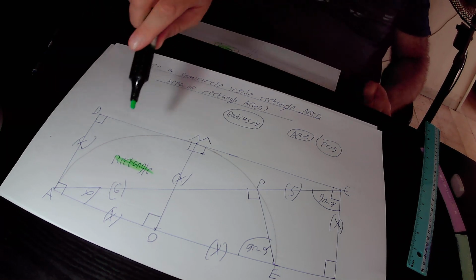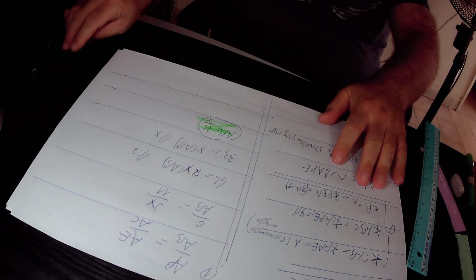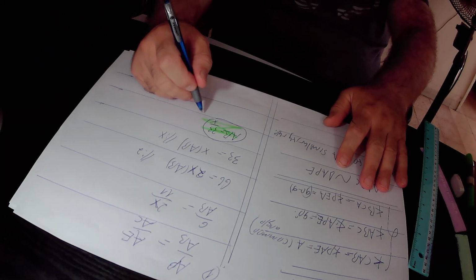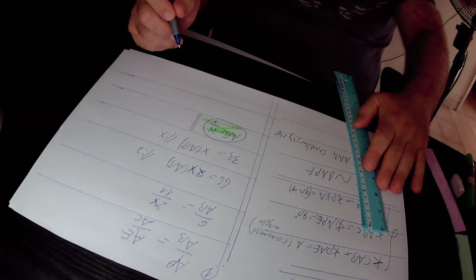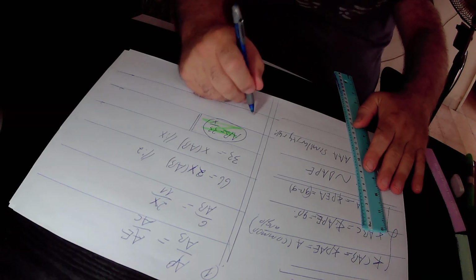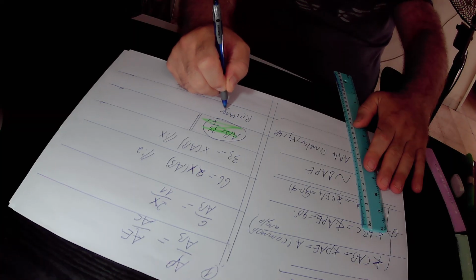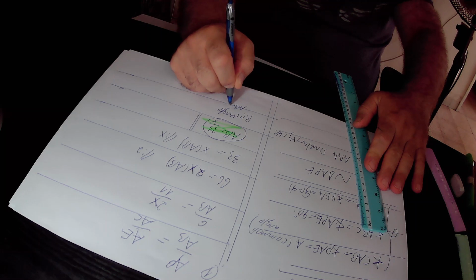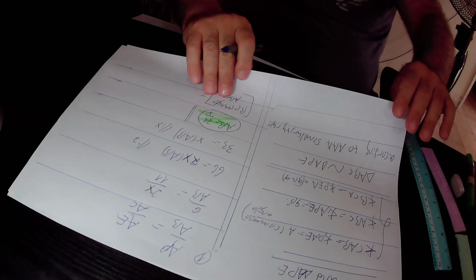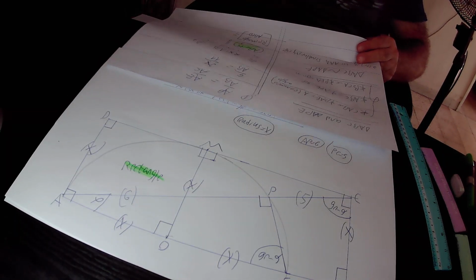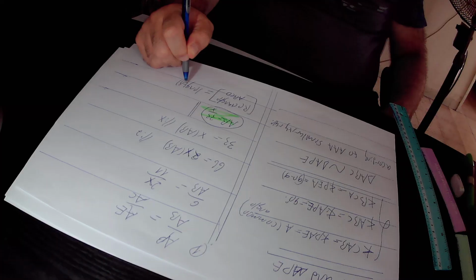Our mission is to find the area of this rectangle ABCD. So what is the area of rectangle ABCD? Actually, we know that the area of any rectangle equals the length of the rectangle times the width.